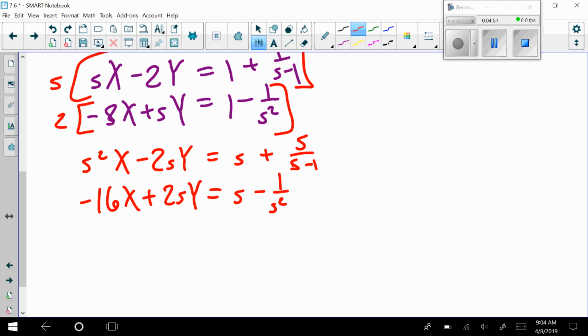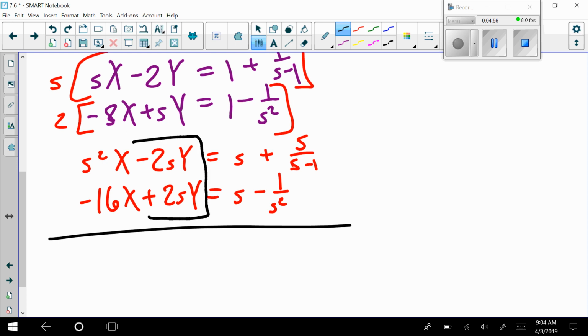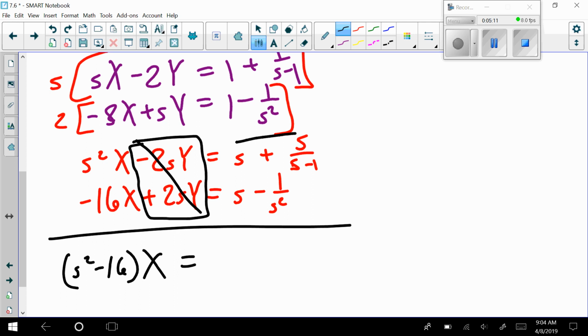Okay, and I feel like I'm ready to add these. Of course, if I've done this right, these should cancel out, which they do. I have s squared minus 16, and that all gets multiplied by this big X equals, now here, a little bit of side work. If I take this top part over here, and I get common denominators, I would have an s squared plus s, minus s.